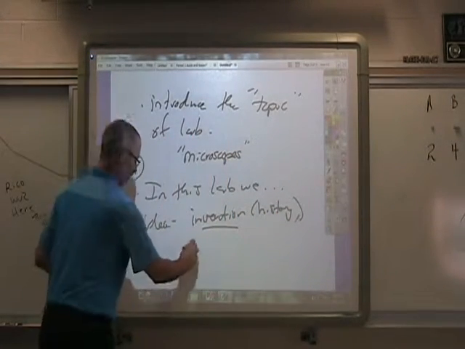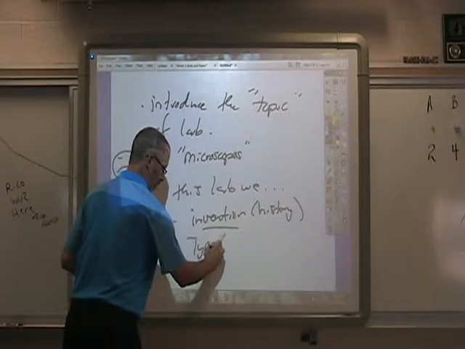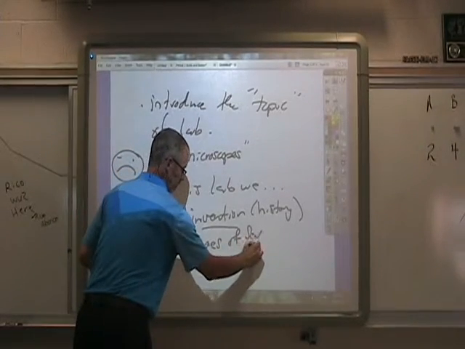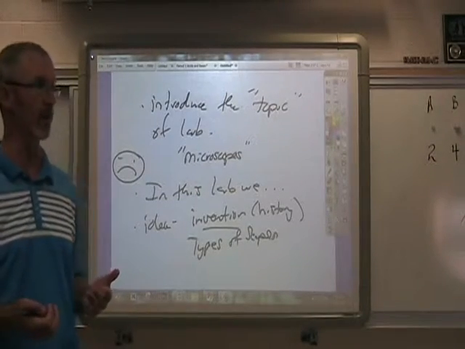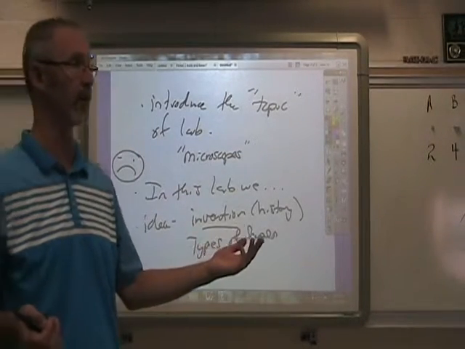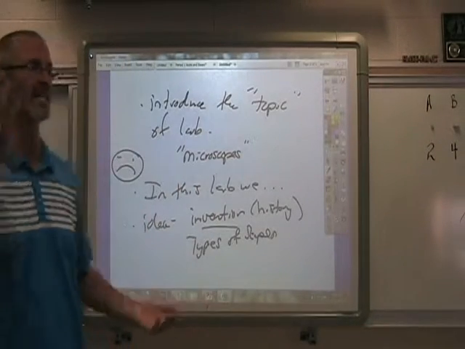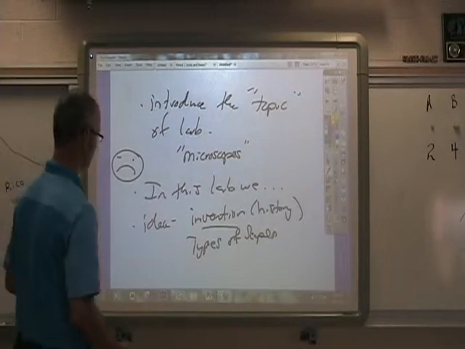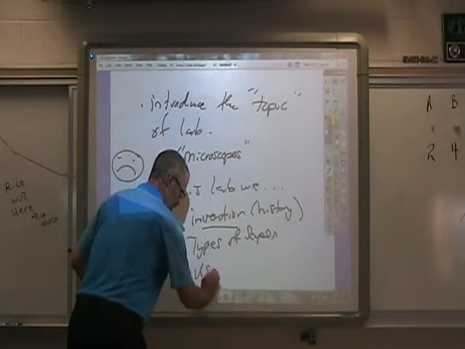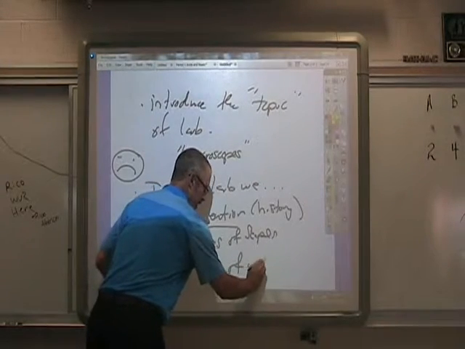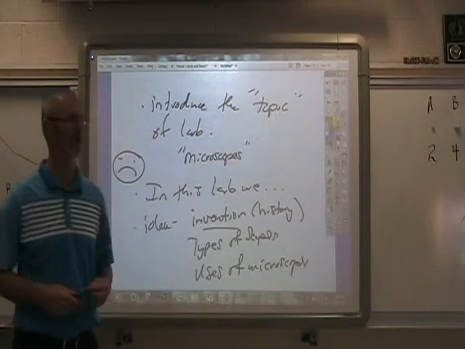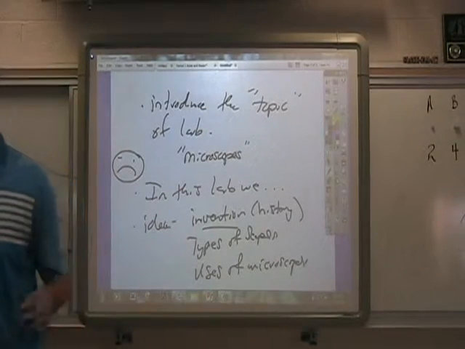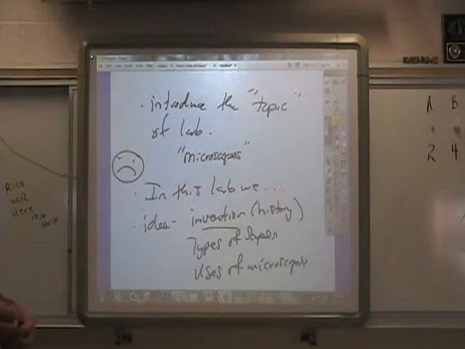You could talk about the types of microscopes that are out there. We used a compound light microscope, but are there others? Sure, there's the stereoscope, transmission electron, scanning electron, lots of cool stuff out there. Or maybe you could talk about uses of microscopes in science. Maybe talk about some current events and what people are doing, what kind of research, and they're using microscopes to do it.